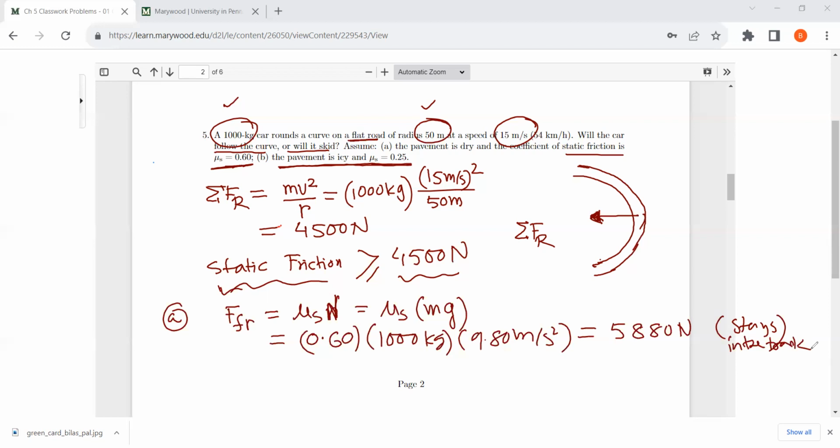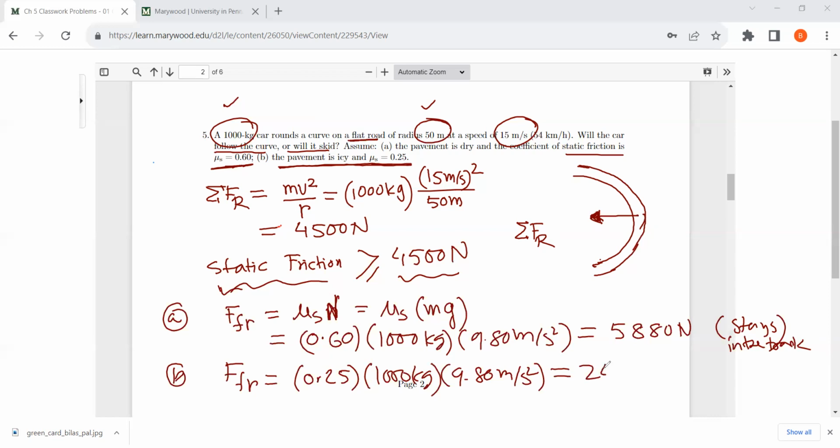Now how about part B? For B, it will be 0.25 times 1000 kilograms times 9.80 meters per second squared. What I get is a very low number, 2450 Newtons.